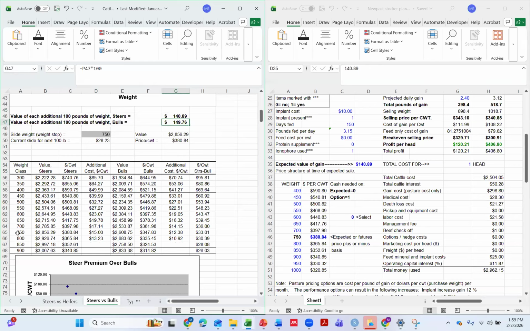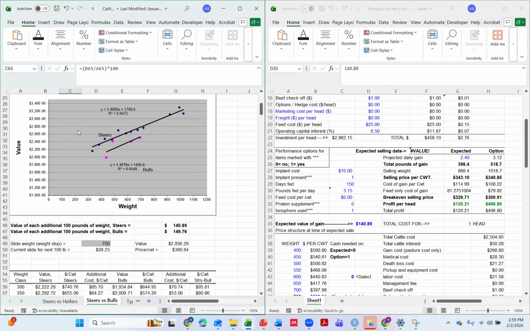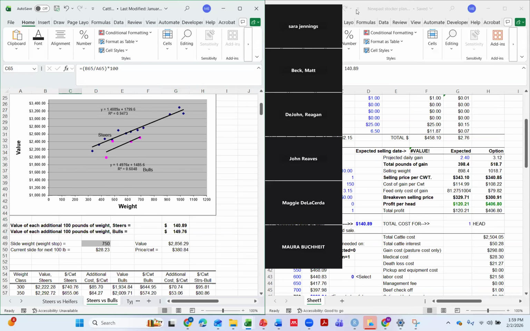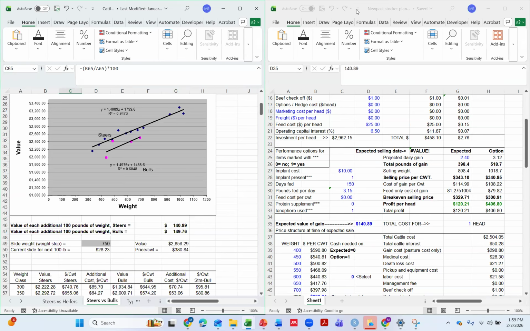And then we need to enter in this average dollar per hundredweight price for a 750-pound animal, which is based off of, again, this regression line for steers. Do we have any questions? Is anybody following along? Cool. I'm seeing thumbs up.